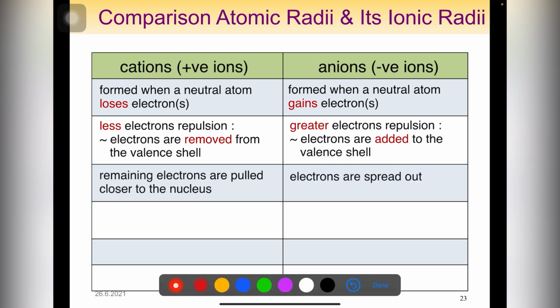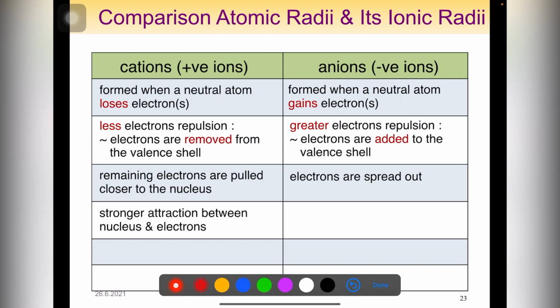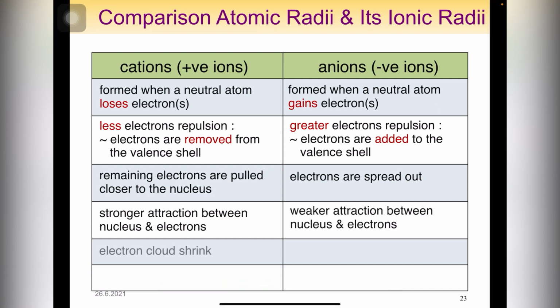And what happens to the cations? With less electron repulsion, the attraction between the nucleus and the remaining electrons pulls them closer to the nucleus. But for the anions, the electron cloud spreads out.